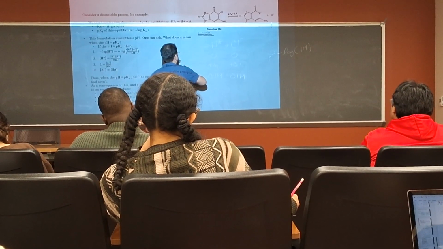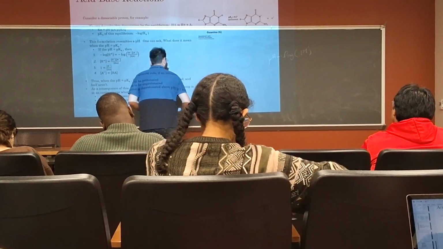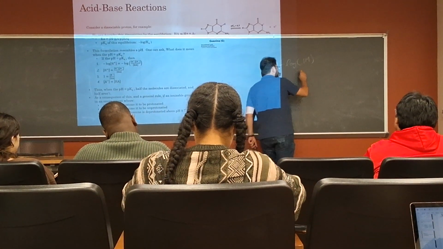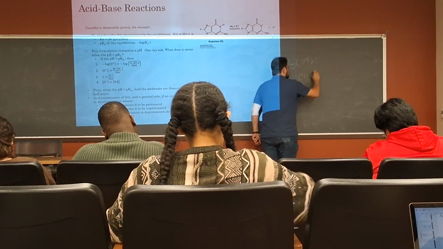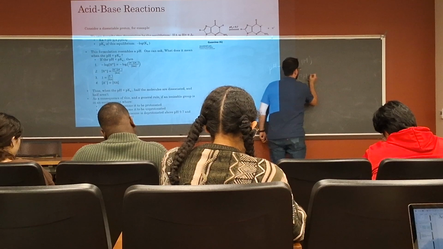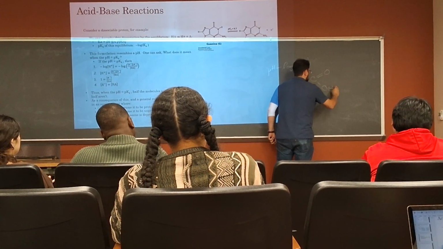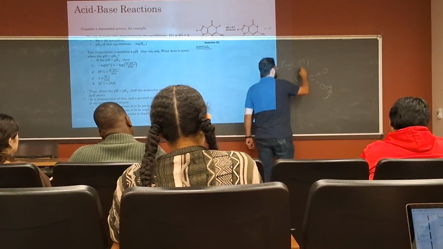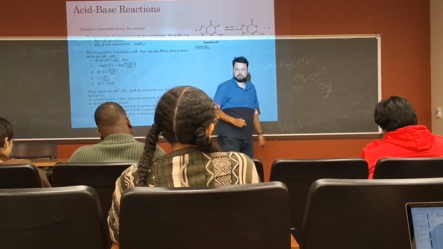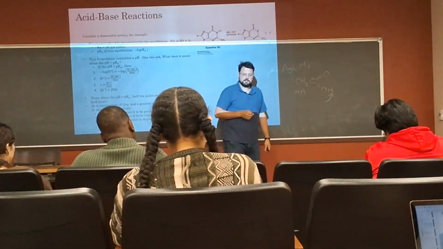Like, for example, acetic acid. Well, acetic acid, CH3... So here we have acetic acid. I'm going to write this as HA. H for the proton, and A for just whatever's left over, the conjugate base, yes?